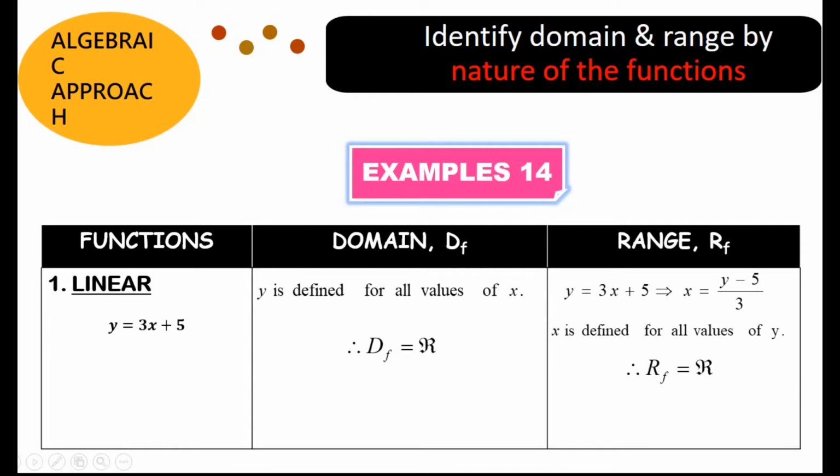When you change the subject to x, you have x is equal to (y minus 5) over 3. So y also can take any values for x defined. Therefore, the range of f is also all the real numbers.